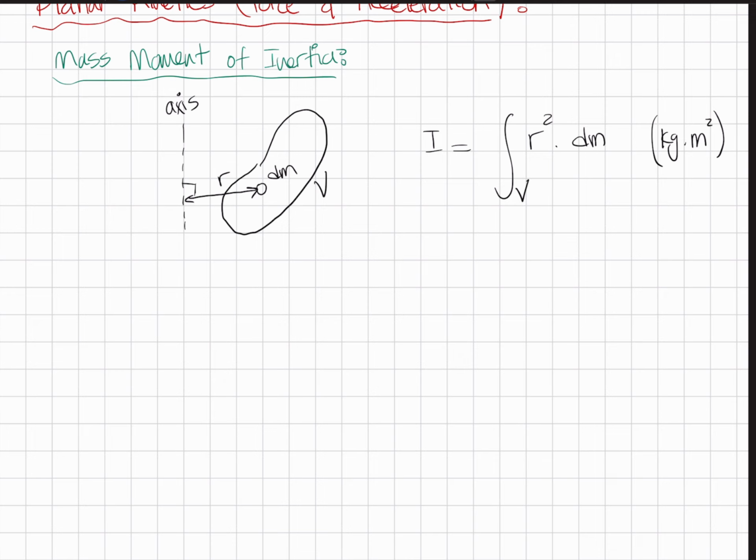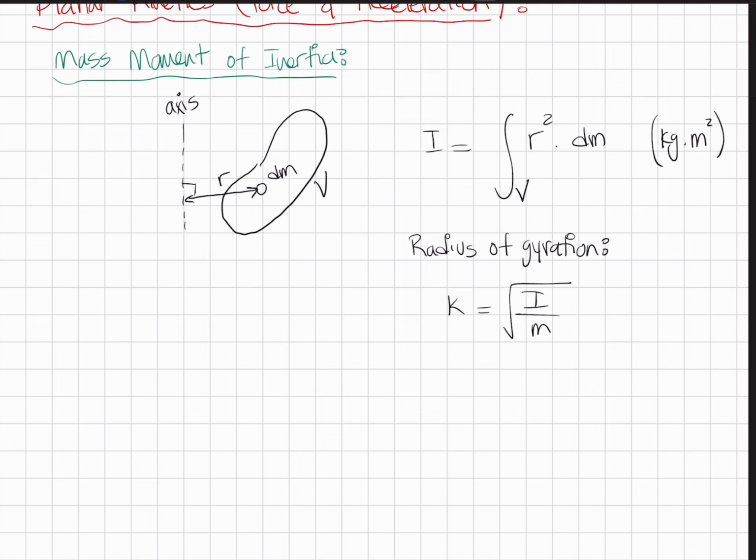There is another definition that sort of normalizes your mass moment of inertia, and this is the radius of gyration. Radius of gyration has units of distance. It's either feet, meters, inches, and it's given the variable k, which is the square root of I divided by m.